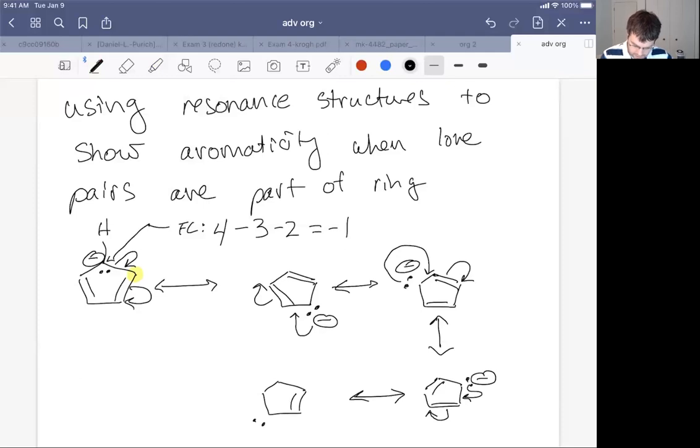We did this exercise in organic chemistry 2, and what we illustrate with this is that resonance structures allow us to see that even though atoms within a molecule are neutral, if we have at least one with a negative charge and there's conjugation, we can roll that negative charge, or that positive charge if we need it to be, around the molecule and exist in every atom that's in conjugation.